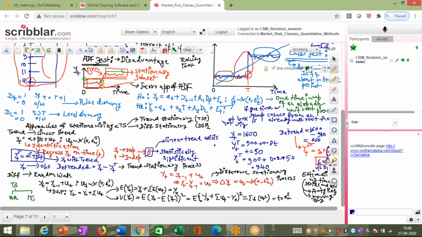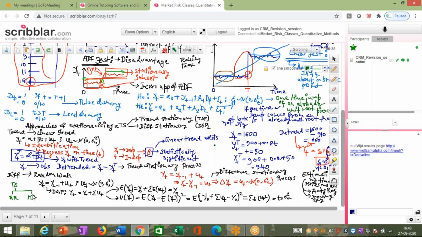So that is the AR and the MA processes. These are the two processes that we need to talk about. We need to understand the key characteristics of these approaches. We need to understand the key estimates: what are the ways in which the regression coefficients for an AR model will be estimated, and what are the methods using which the regression coefficients of the MA process will be estimated?